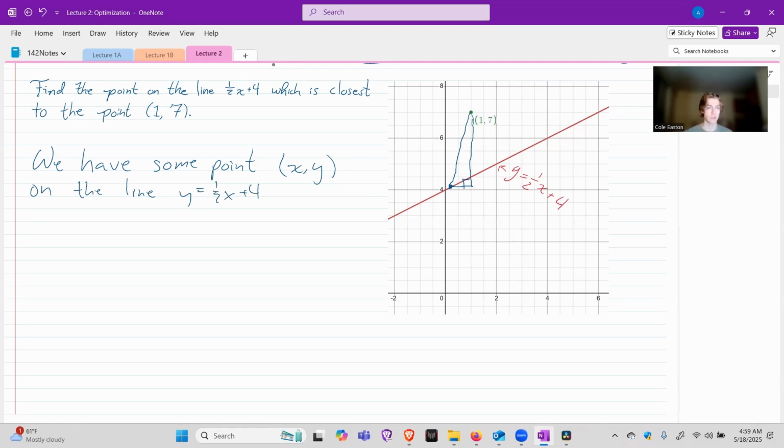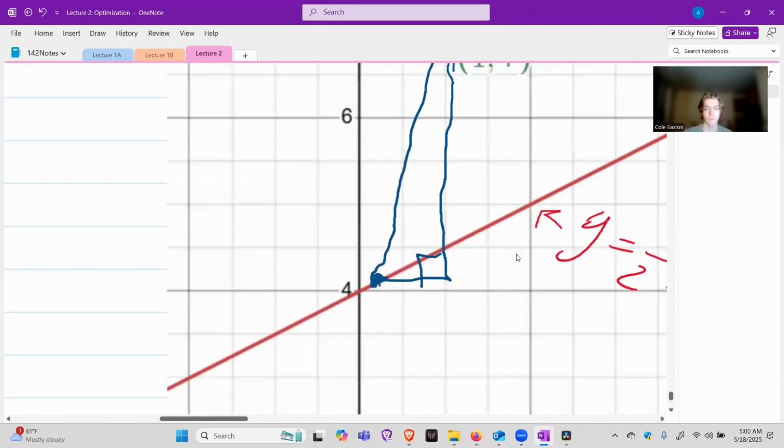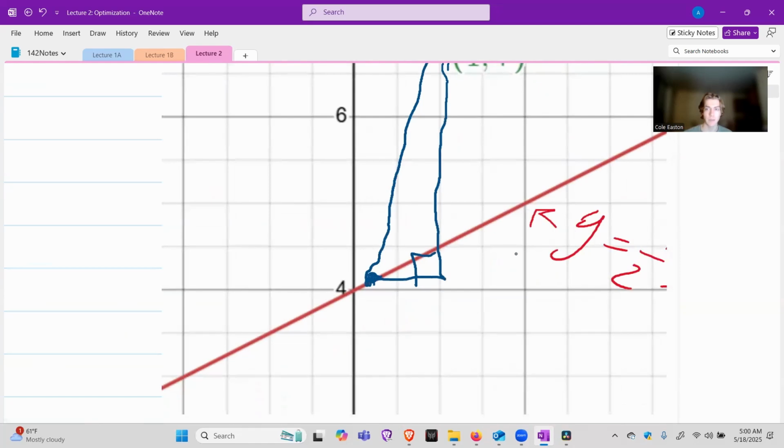So we're just going to say that our point is (x, 1/2 x plus 4). And now we want to find the distance between our point and the point (1, 7). Let's label our point on the graph here as (x, 1/2 x plus 4).